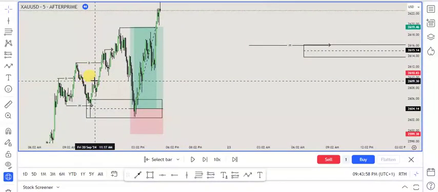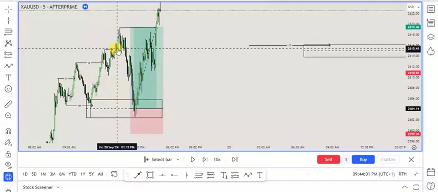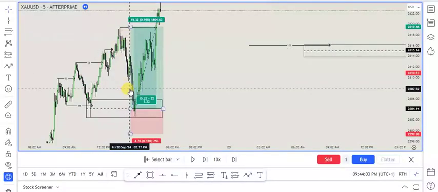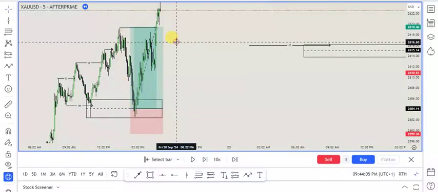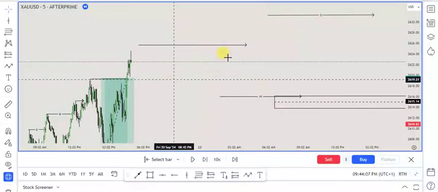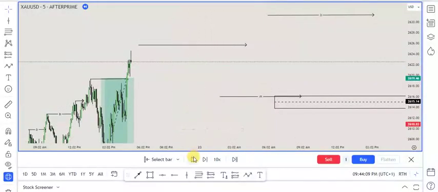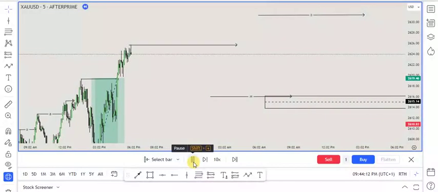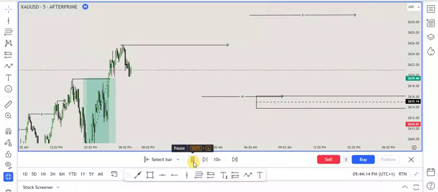There was no flag limit here, right? So what happened? Price just came, entered that entry and went up. So let me replay. Okay, let me hit the replay. So let's follow price, how price is forming.